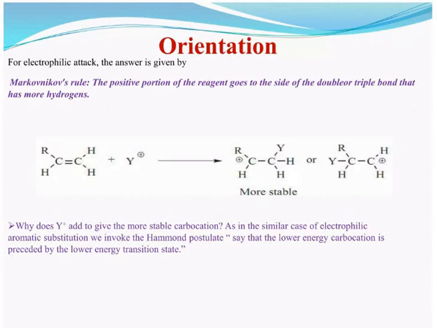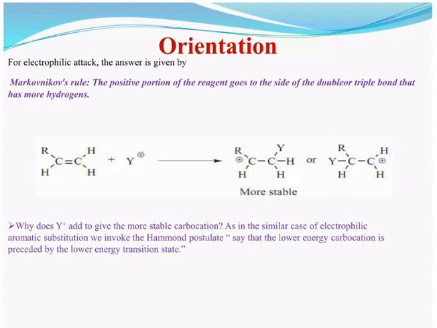Now orientations. You know that for electrophilic attack, the answer is given by Markovnikov's rule. The positive portion of the reagent goes to the side of the double or triple bond that has more hydrogens. Why?